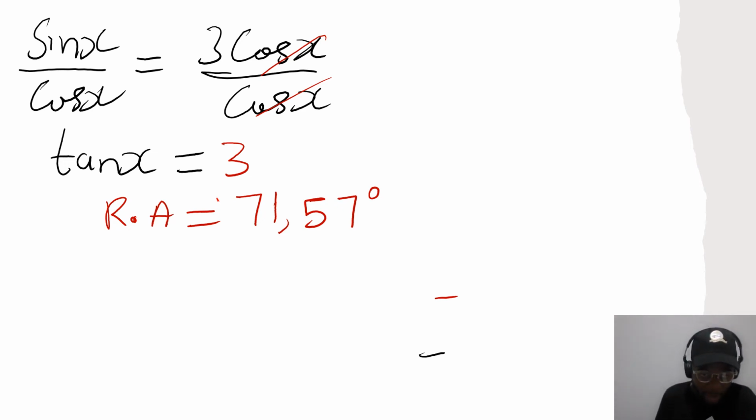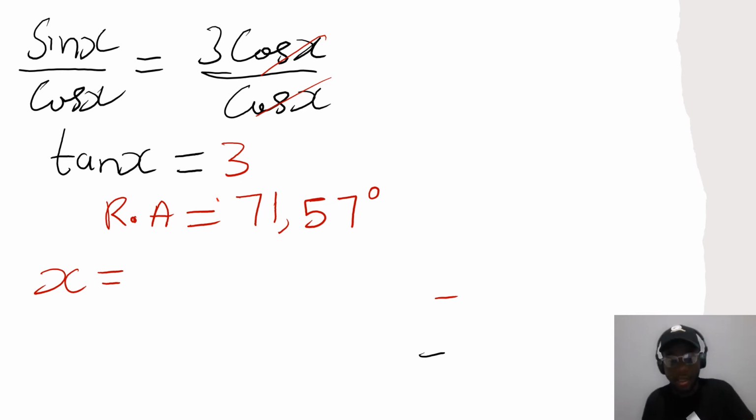Then our x will be equal to, because tan is positive. We all know from the Cartesian plane, tan is positive in quadrant number 1 and quadrant number 3. So this reference angle becomes our angle.